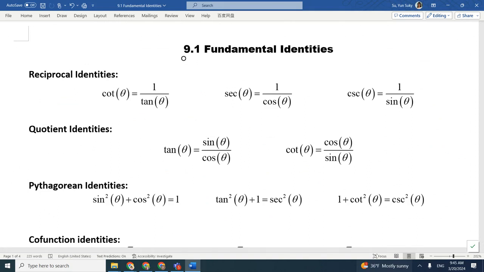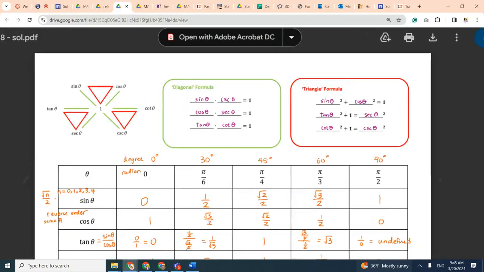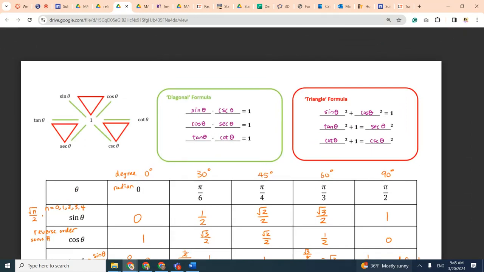Yes, questions? Will these identities be on a worksheet for us to use inside of the exam? In the exams, you will have this. You will have the hexagon. So once you have the hexagon, you look at the diagonal and you can get the reciprocal identities. And you look at the triangles, you get the triangle formula.